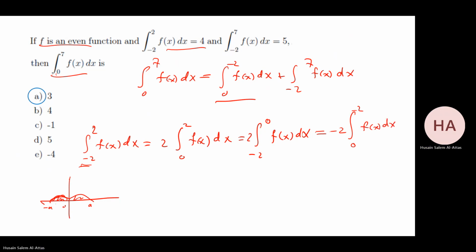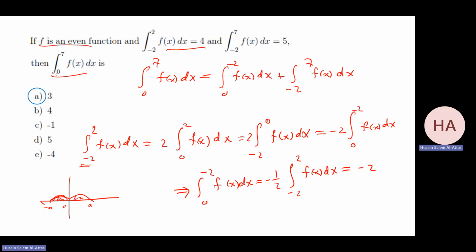Okay. So that implies 0 to minus 2, f of x dx will be minus half, minus 2 to 2, f of x dx, which is minus 2 in this case, since this is 4. So that gives me what? Minus 2 plus, this is 5, clear 5, that will be 3.